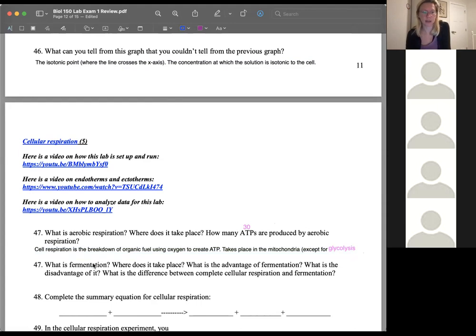Okay, and next it's asking us about fermentation. So what is fermentation? Where does it take place? Or maybe what organisms do fermentation? And how does it compare to cell respiration?